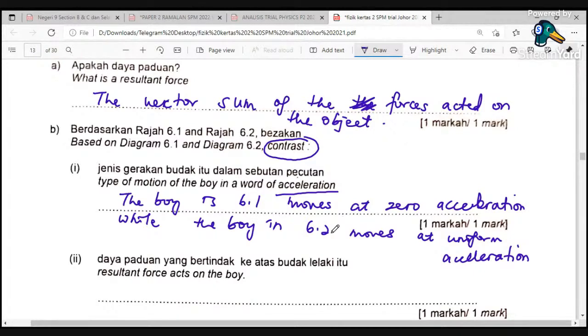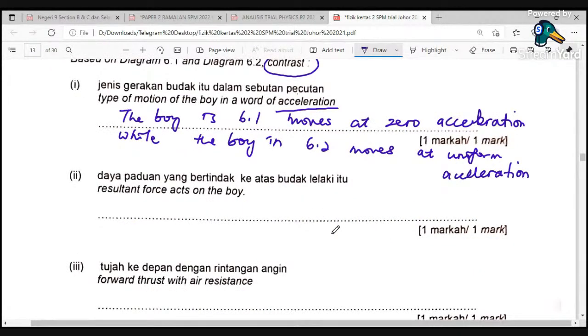Okay, nampak sebab term saya tadi ialah zero acceleration. Uniform acceleration, increasing speed.